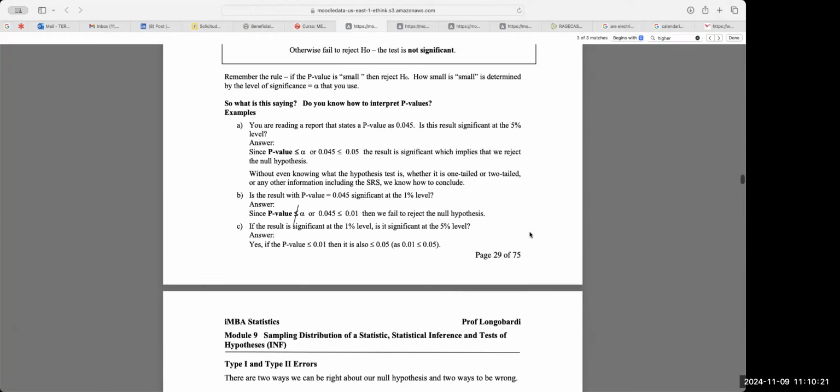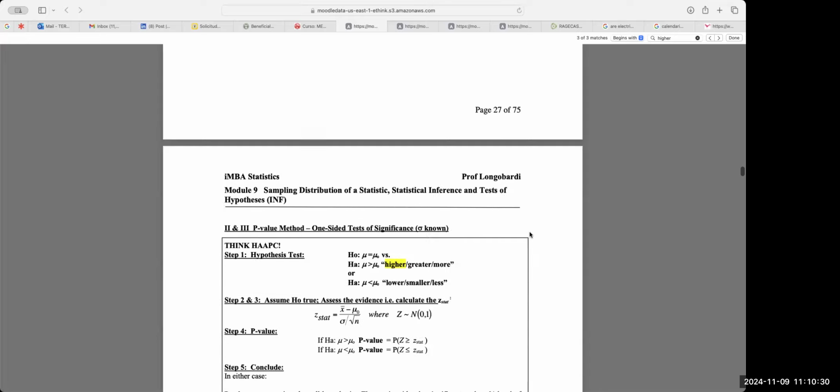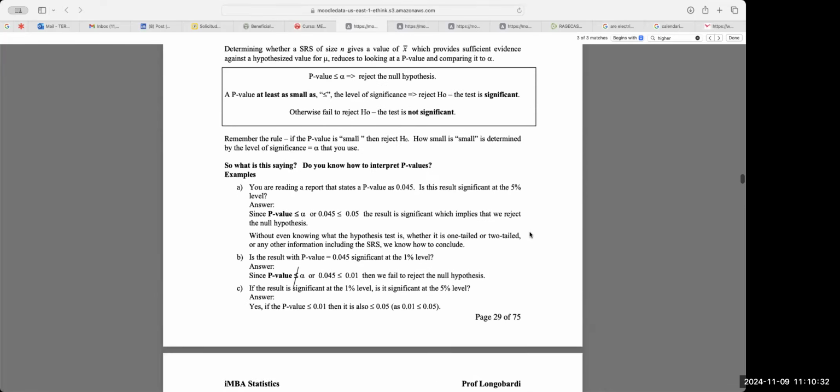I think the rule is, so we have some rules, right, that I outline. I teach you the T table here.